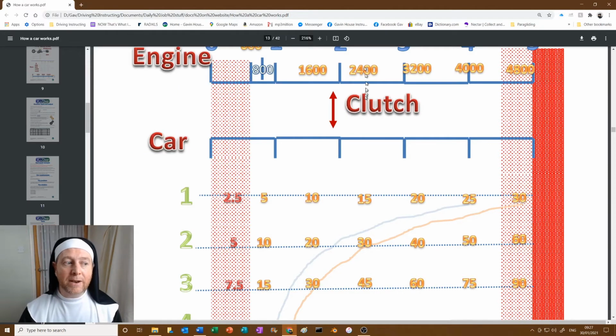And if it is separated from the engine, then the car itself could be, if I was in first gear for instance, shooting down the road at say 15 miles an hour, and what that would correspond to is about 2400 RPM on the car. Remember, the engine itself could be switched off at this point. It's nothing to do with the engine, it's just the car.